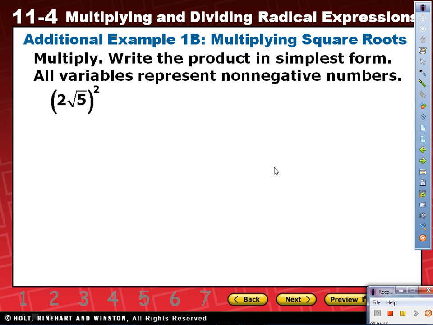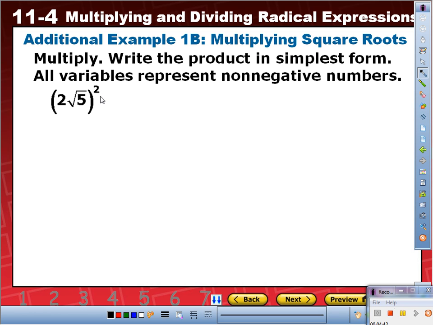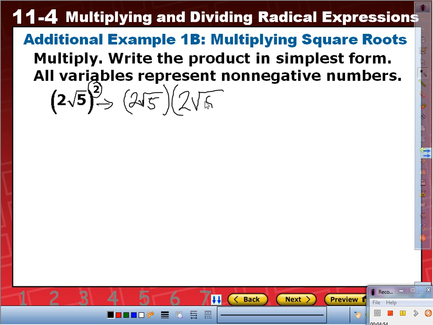Well, here it goes. Let's rewrite this first before I do anything else. So the exponent tells us that we need to rewrite it how many times? 2. So parentheses 2 square root of 5 times 2 square root of 5.